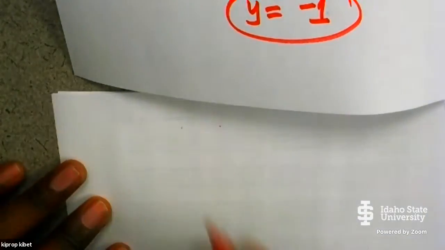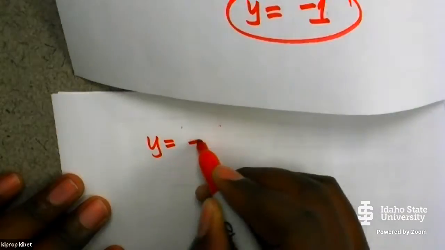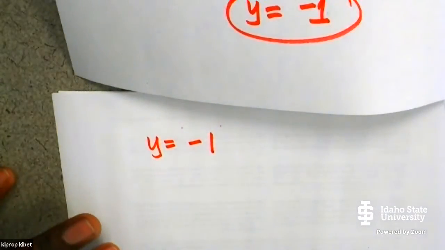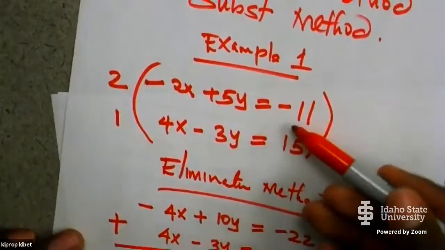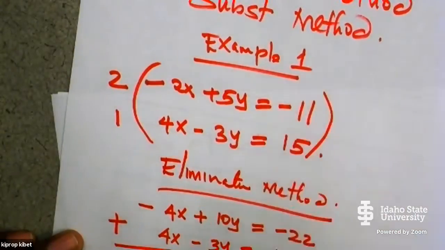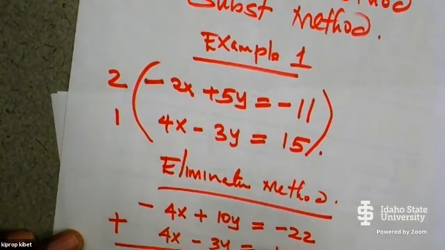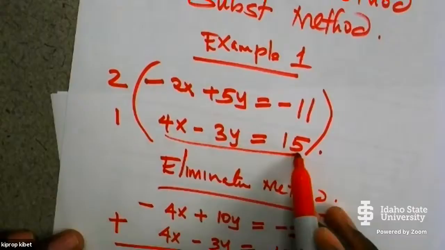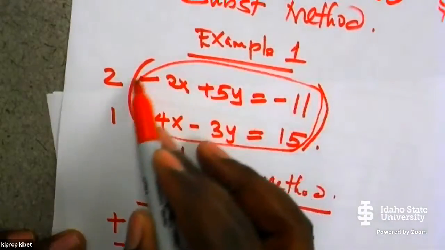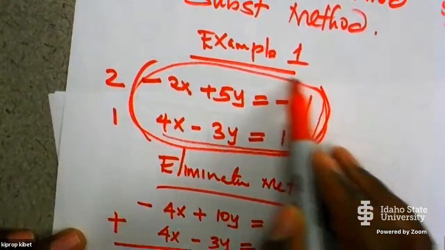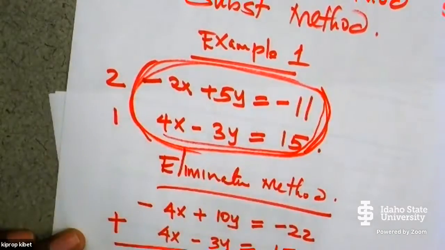So after getting y equals to negative 1, then you go back to the system of equations. You don't substitute it in the one which you have manipulated here. You go back to the original equation. Okay? You go back to the original equation.